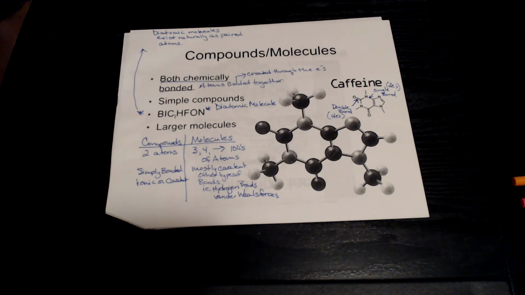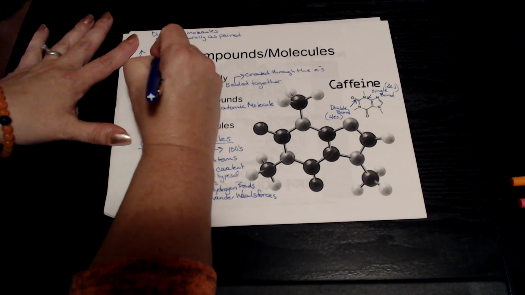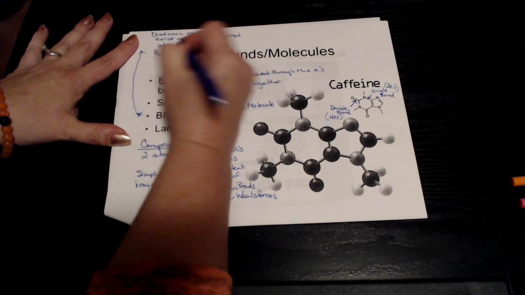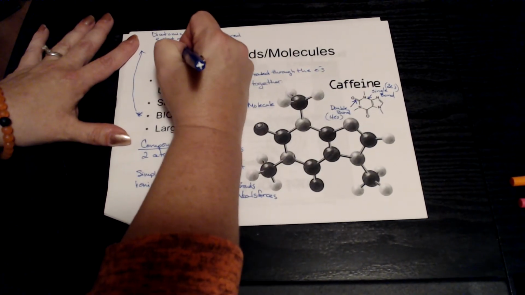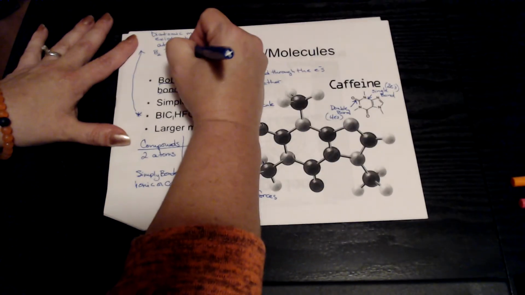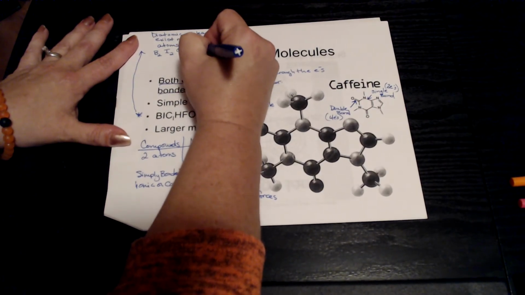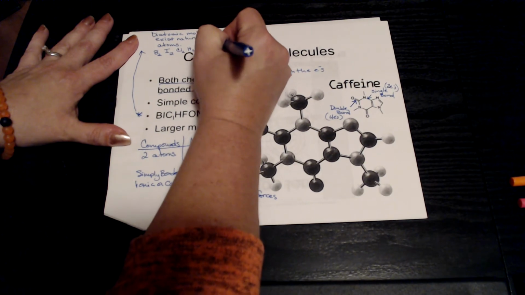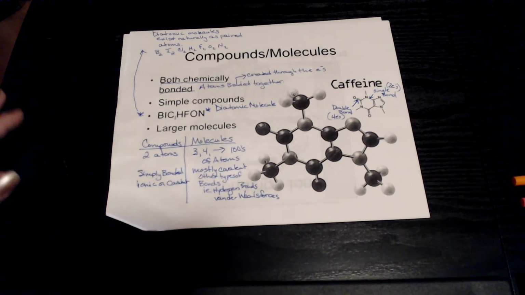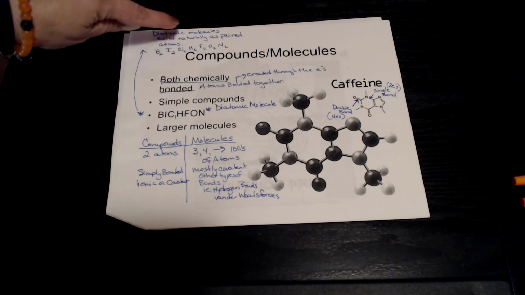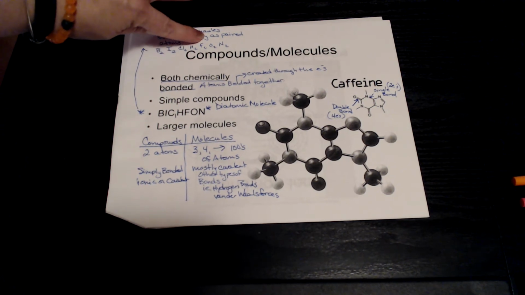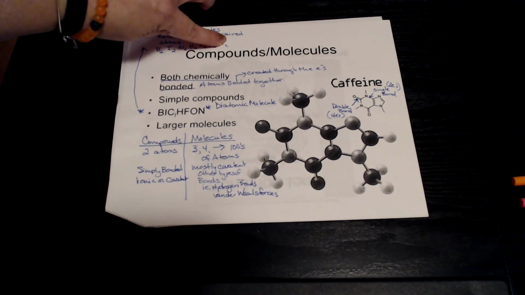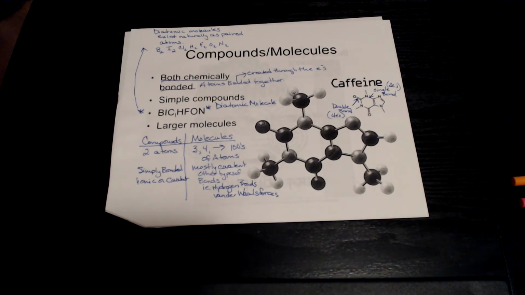So, for example, boron is one of them. Iodine is another one. So you would have B2, I2, Cl2, H2, F2, O2, and N2. So you'd have boron, iodine, chlorine, hydrogen, fluorine, oxygen, and nitrogen as your diatomic molecules. They exist in nature paired together.